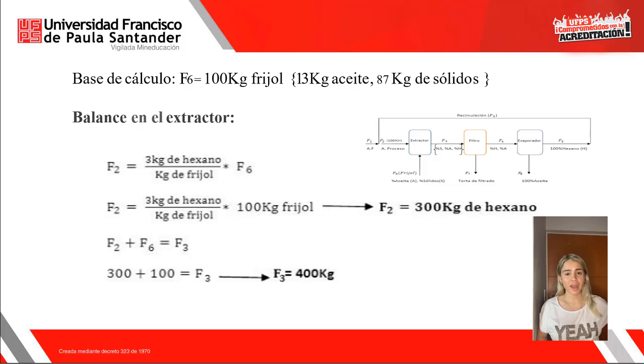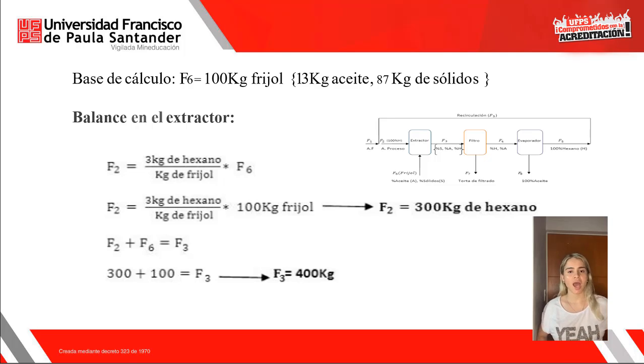On the other hand, the value of a stream is known, which allows us to choose a calculation base, and knowing the proportions, the most sensible thing to do is choose F6 as the calculation base.